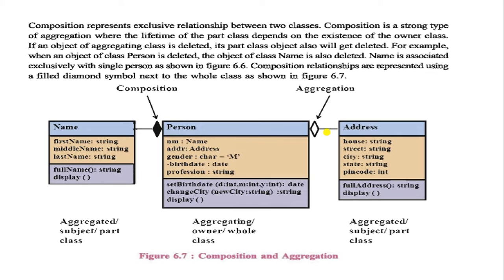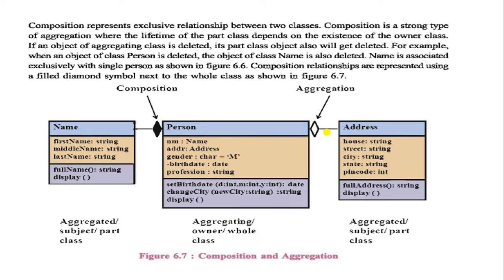Composition represents an exclusive relationship between two classes. Composition is a strong type of aggregation where the lifetime of the part class depends on the existence of the owner class. If an object of the aggregating class is deleted, its part class object will also be deleted.